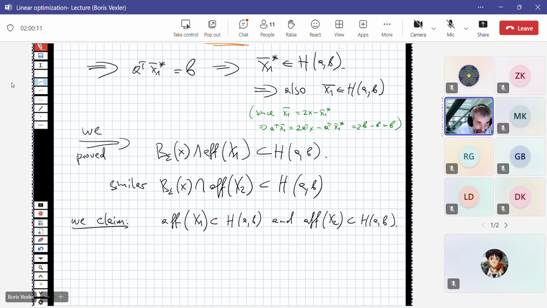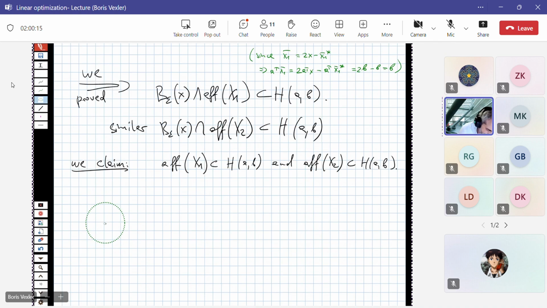It's not difficult. We have here our ball around our point X, and we know that all points in the ball intersected with the affine hull are in the hyperplane. Take now an arbitrary point Y in the affine hull of X1. We consider the connection line.